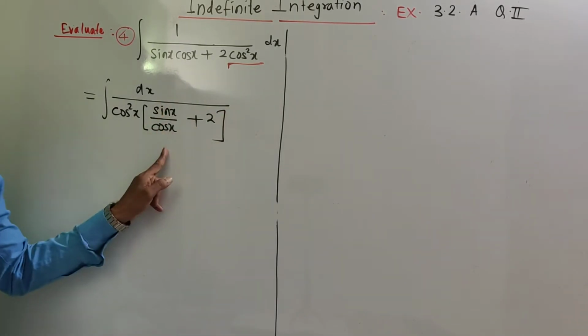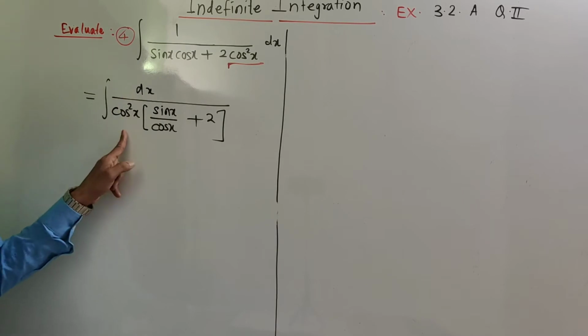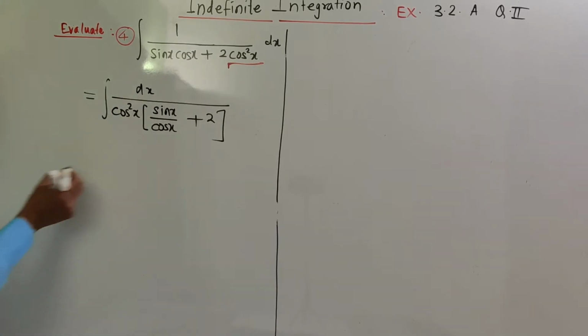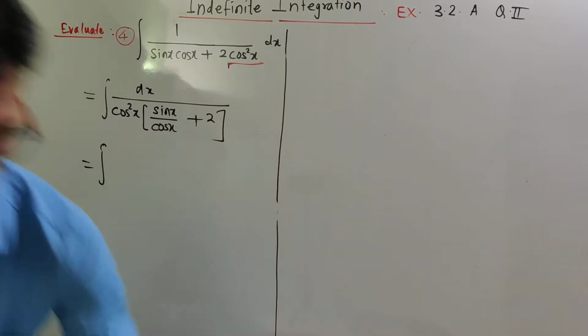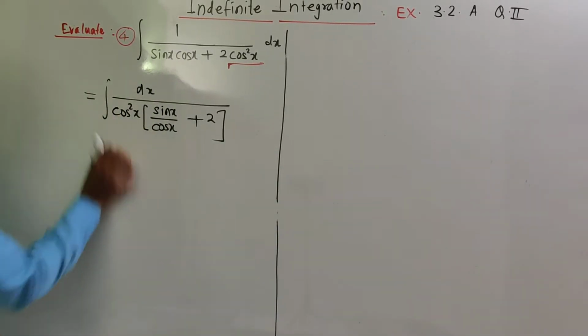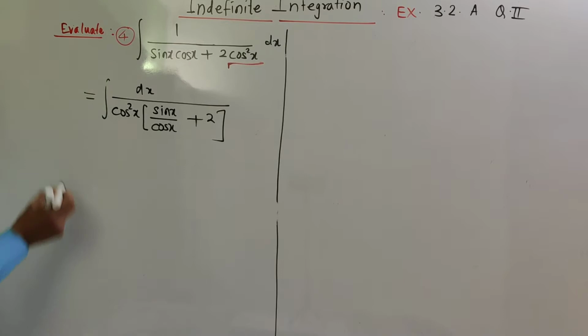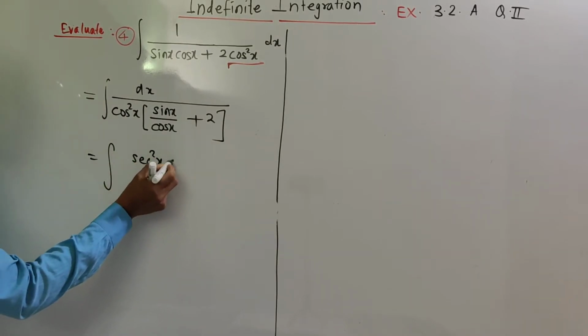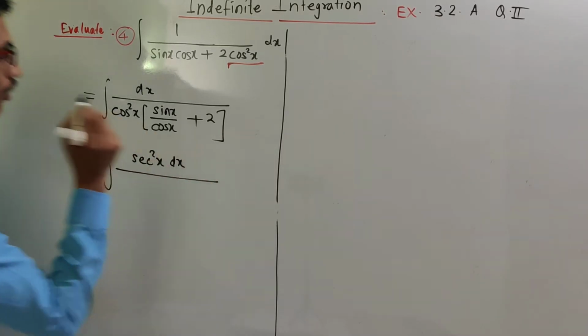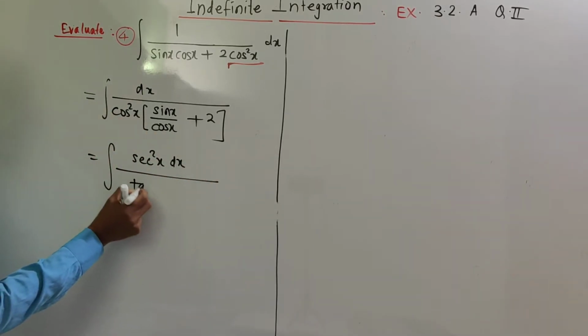Now sin upon cos will become tan and 1 upon cos square will be sec square x. So this can be written as integral of sec square x dx upon tan x plus 2.